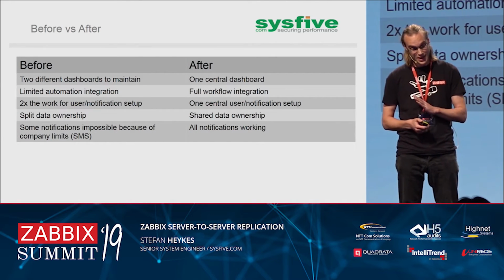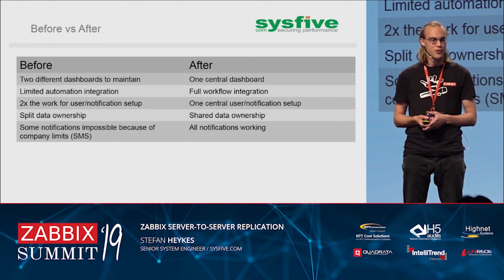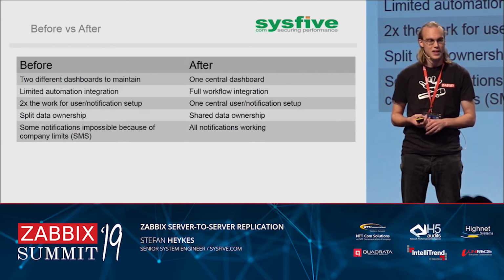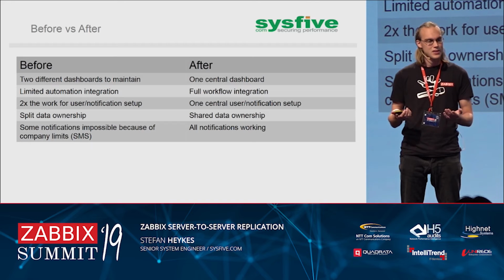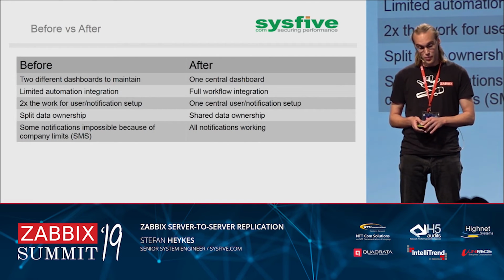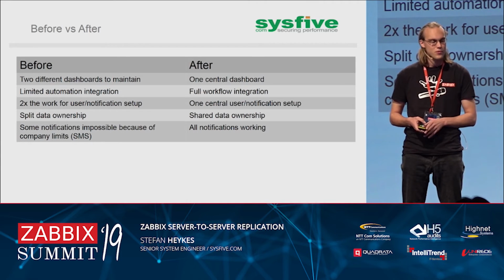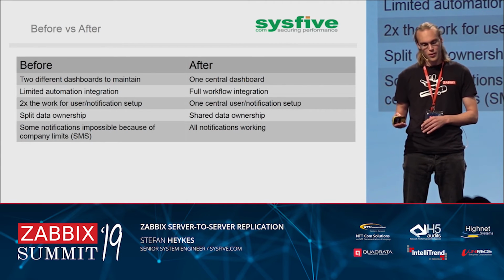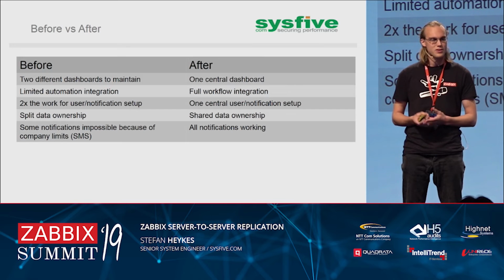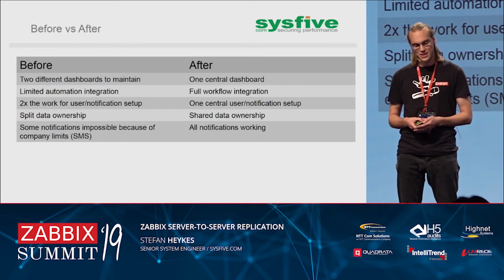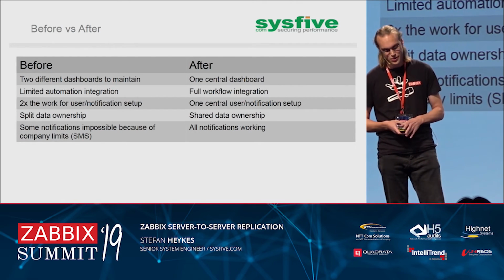because that's the main reason we do this. And this also means, of course, when you have only one server you have to take care of, you only need to do stuff like the user notification setup in one place. So, for example, when we are on call, the person who is on call receives alerts via SMS, stuff like that. But when he's not, there's no need to.